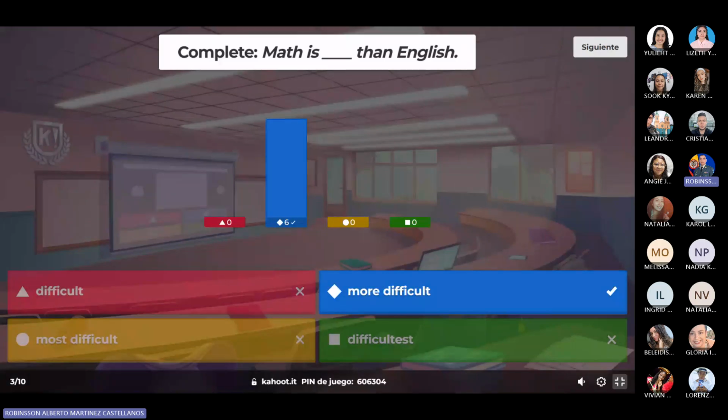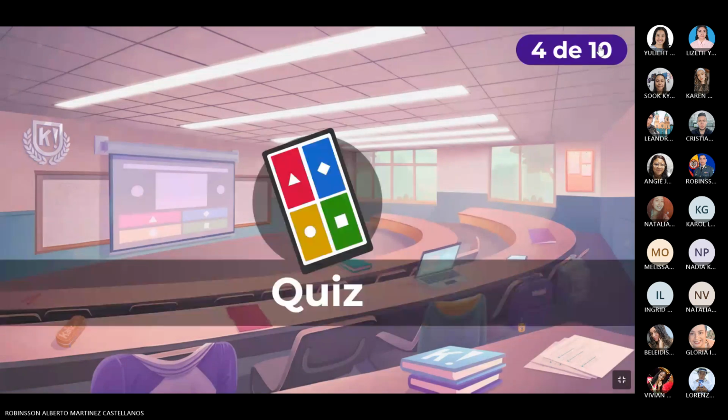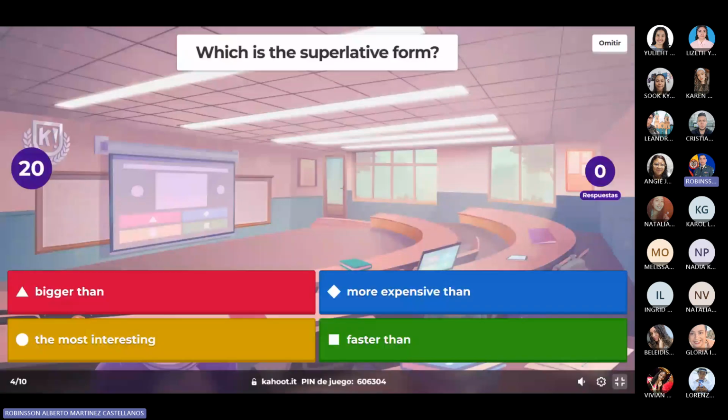So math is more difficult than English. That's right. English is very easy for everybody here. Angie, you are on fire. Very good. Which is the superlative form?